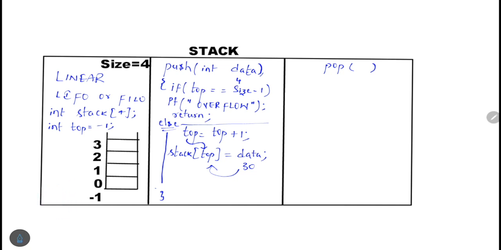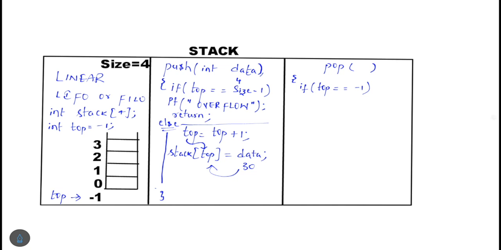So if top double equals -1, what does it mean? It means that currently top is pointing to the index position -1. There are no elements inside the stack.